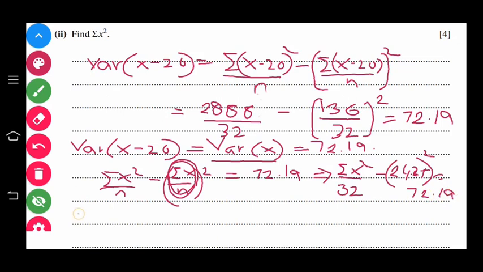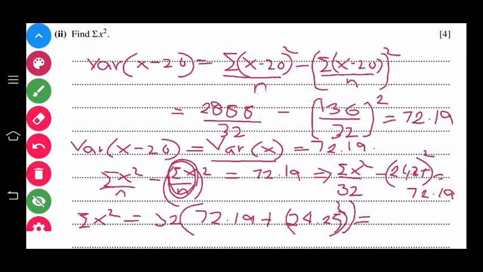Now sigma x squared can be calculated by taking this value to the right side, then multiplying by 32. So we get 32 into (72.19 plus 24.25 squared), which is 21128 as a result.